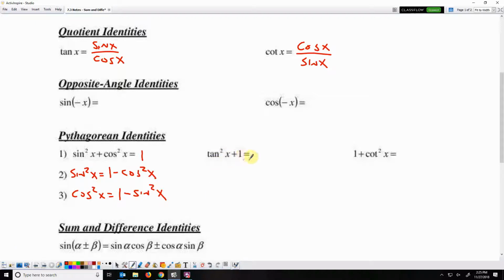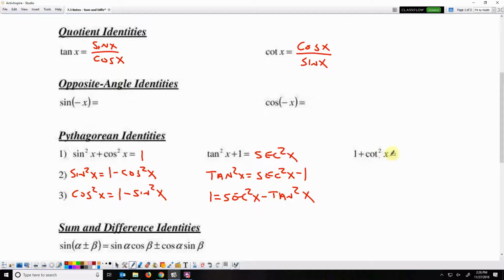Tangent squared x plus 1 is secant squared x. So if I solve for tangent squared x, I would get tangent squared x equals secant squared x minus 1, or 1 equals secant squared x minus tangent squared x.